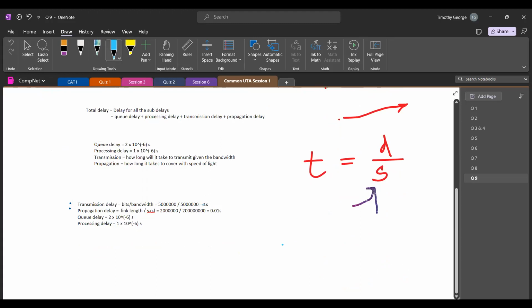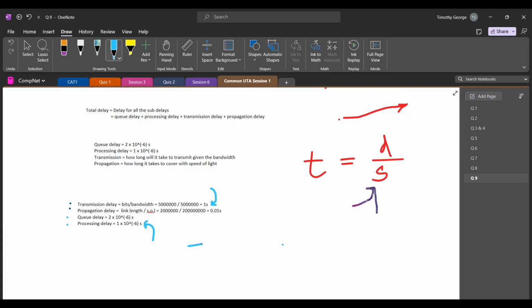If you're calculating total delay, we don't need to calculate it, but if we did, you would add all these things. And you can see this is a very small value. I'm sorry, actually the fourth one is even smaller, 1 times 10 raised to minus 6. The top one is the largest, so this will have the largest delay.